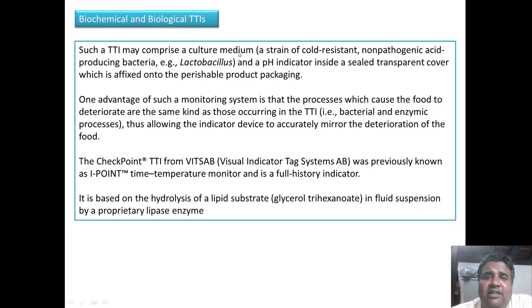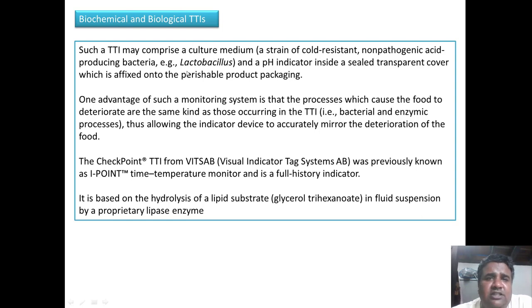When it starts producing acid, that acid diffuses and reaches the pH indicator, and the pH indicator gives a change in color, and we can judge that this product is no more safe for consumption.